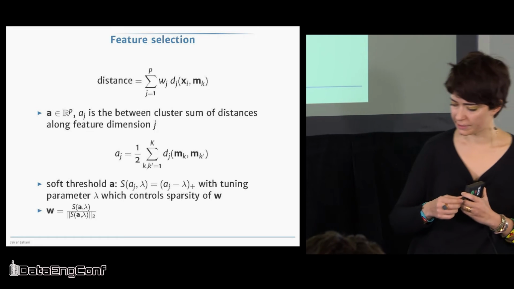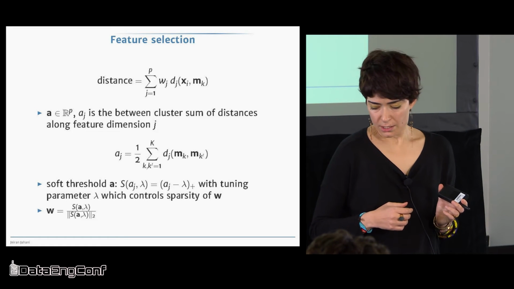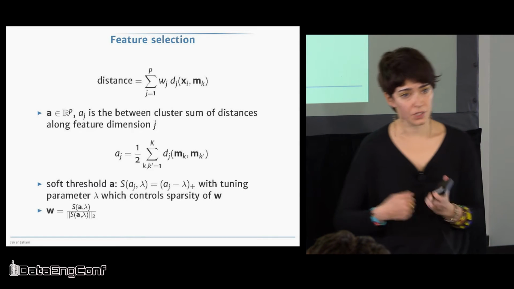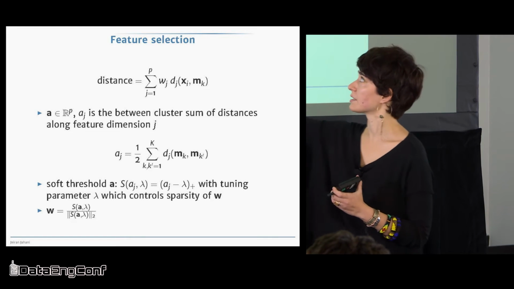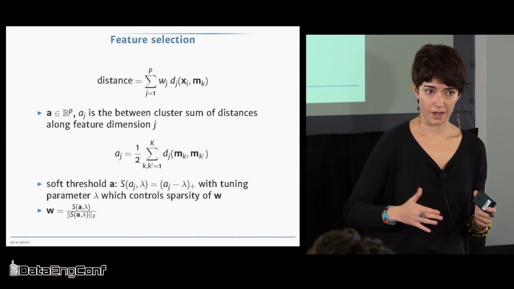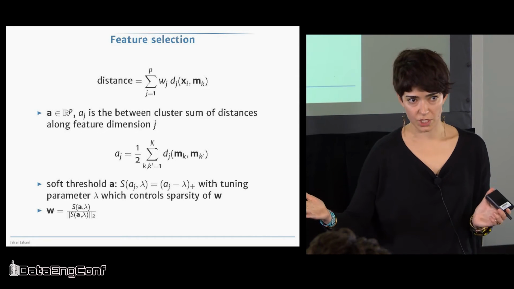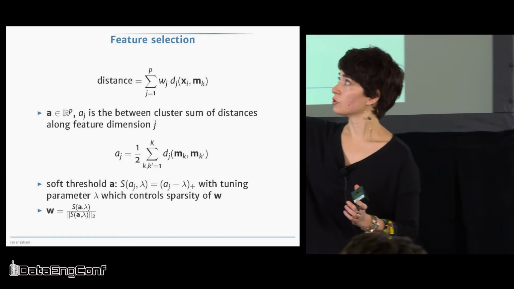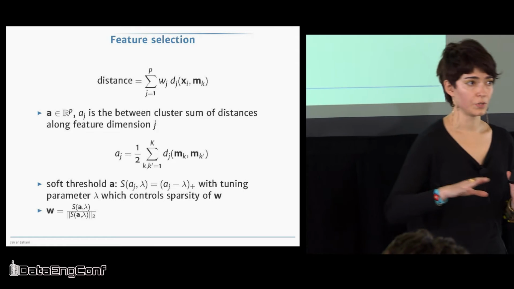How you calculate that is that you measure the distance between clusters. As an approximation for that, you can use the cluster centers, measure the distances, take the averages along each feature dimension, and then you would soft threshold whatever you get.